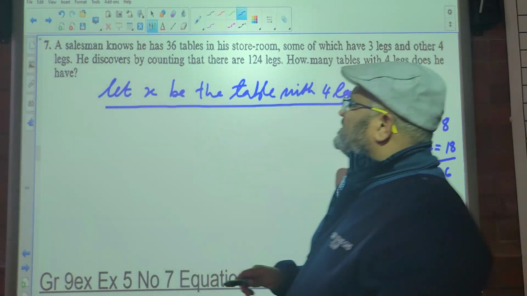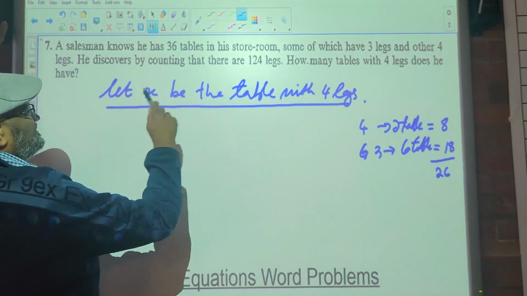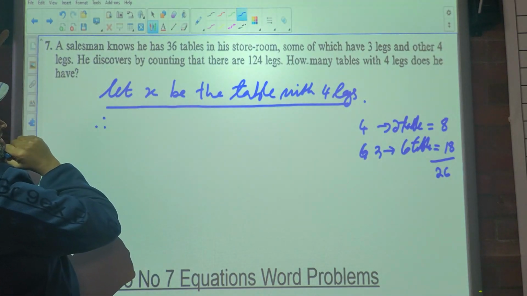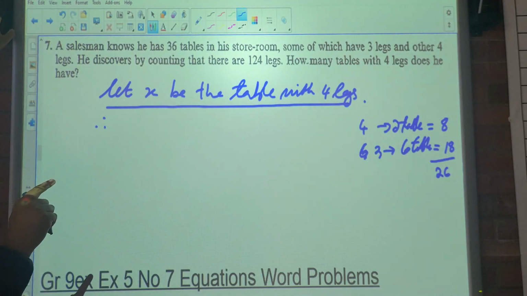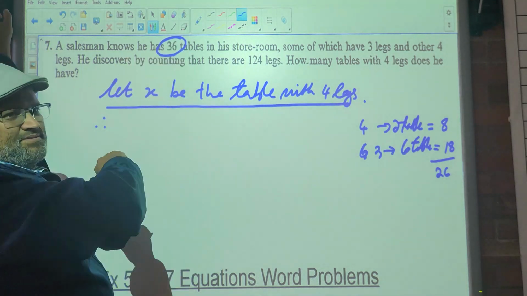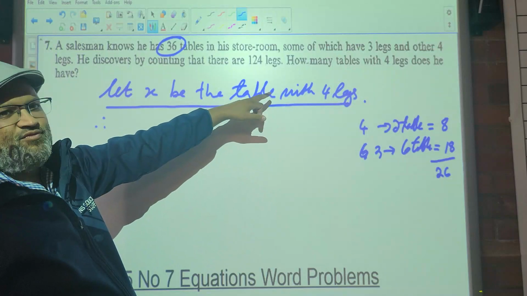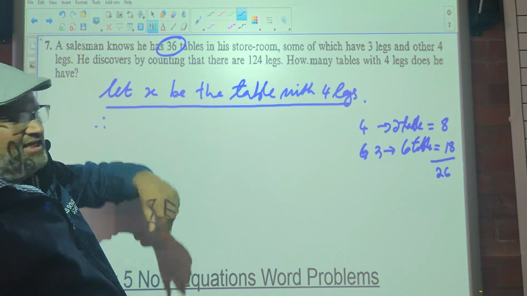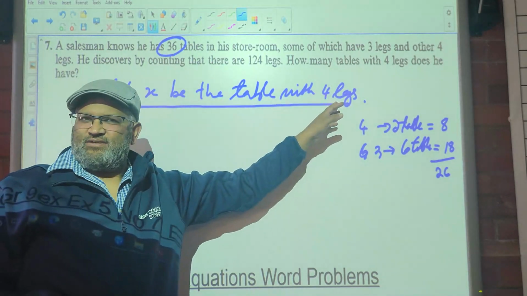Okay, so if x tables has 4 legs, then therefore how many tables will have 3 legs? So remember, there's a total of 36 tables. If 4 tables had 4 legs, then how many tables had 3 legs? 32. How do you get that? 36 minus 4.